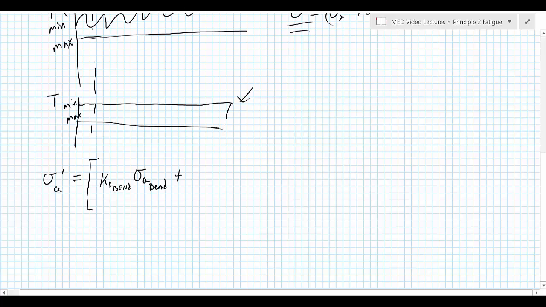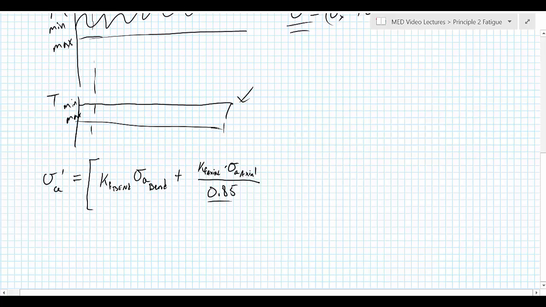We will also want to add to that the Kf, any fatigue stress concentration factors we have for axial loading, times the amplitude in the axial loading area. And in this situation, we're going to divide by 0.85.